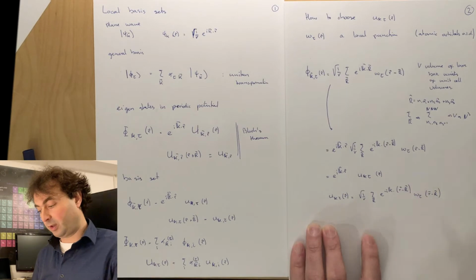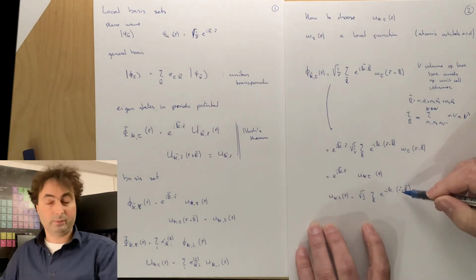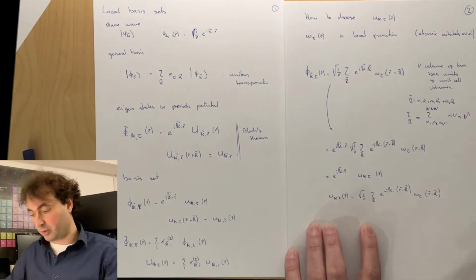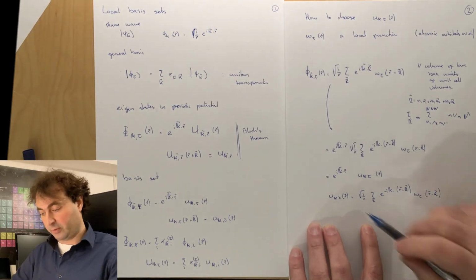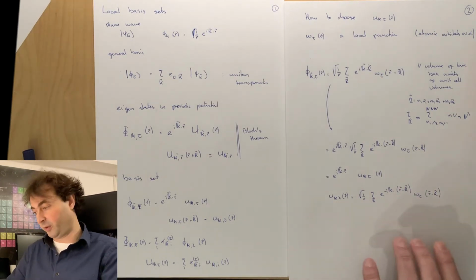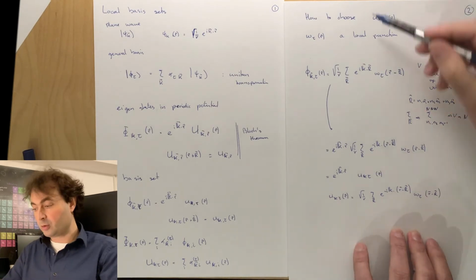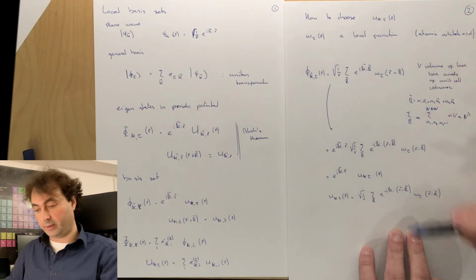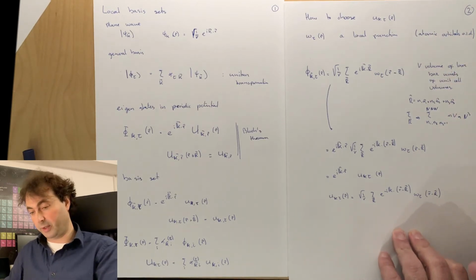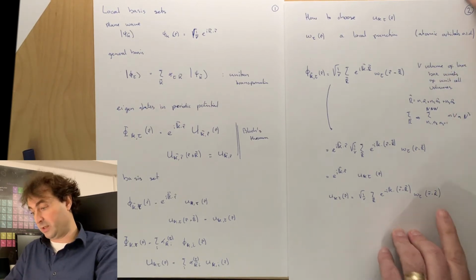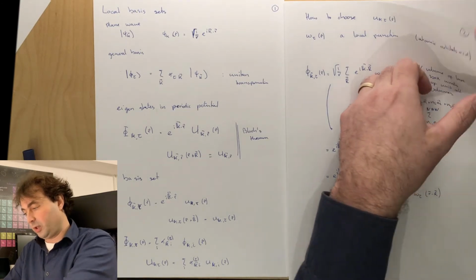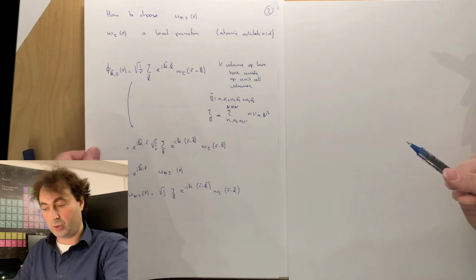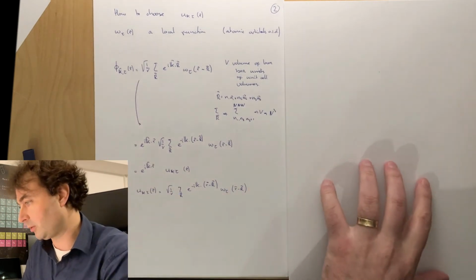And if I shift r by a lattice vector R prime, then it's just going to be absorbed in the sum, and there is no change in the definition of u, so u is indeed periodic in the lattice. So in this way we can start by a set of local functions and create Bloch wave functions from them and use those as the basis that we use in the crystal calculation. And the local functions we can choose to solve the local problem in a convenient way.